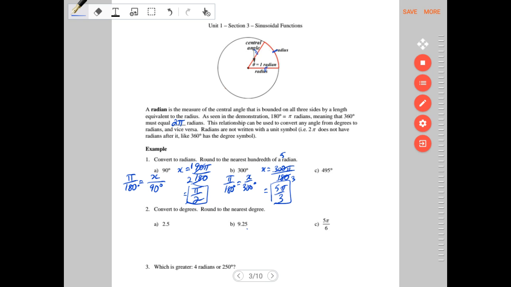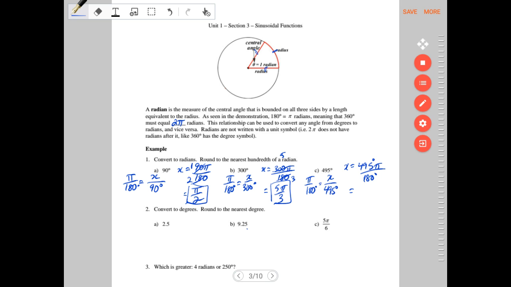Okay, let's do part C. Start again. Pi is 180. And again, 495 goes on the same level as 180, and that's x. So x equals 495 times pi divided by 180. Of course, we can simplify that fraction by dividing by 45, I believe.